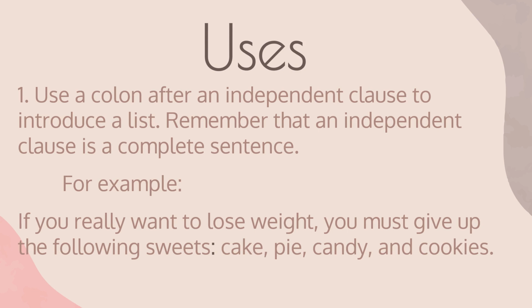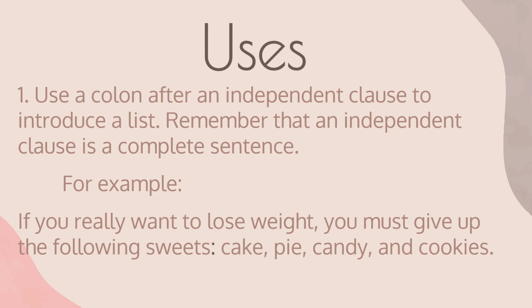You can use a colon after an independent clause to introduce a list. Remember that an independent clause is a complete sentence. Now, there are many parts of a sentence that are separated by commas. If you take the whole sentence apart and see if there is a part that can stand alone as a complete sentence, it is an independent clause.